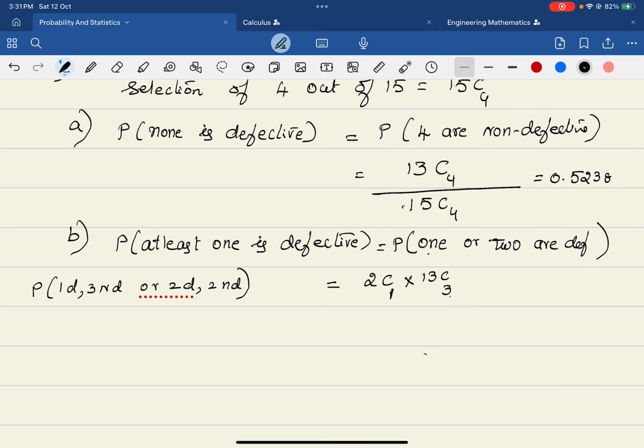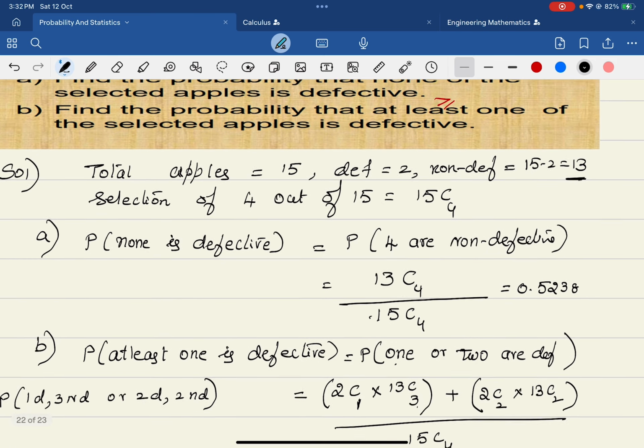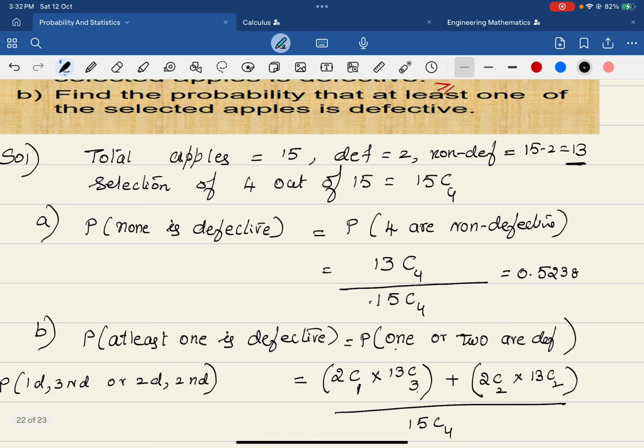So 2C1 times 13C3 plus, now 2 defectives means 2C2 multiplied by the remaining 2 from non-defective, that is 13C2 ways, over totally you have to select 4 apples out of 15, that is 15C4. Now this value is 0.4762. That is the answer for this. So with this we have done the second part of this question.